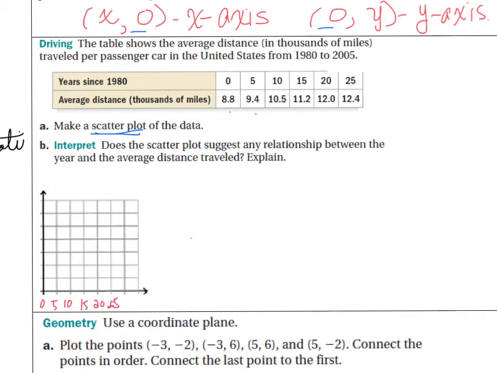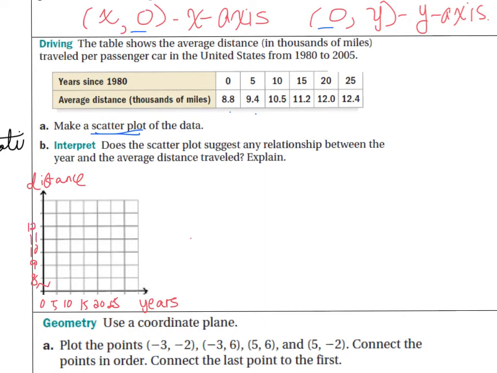The x-axis will represent my years, and the y-axis will represent distance. And then I'm going to make a cutoff here at 8 to make it easier. 8, 9, 10, 11, 12.